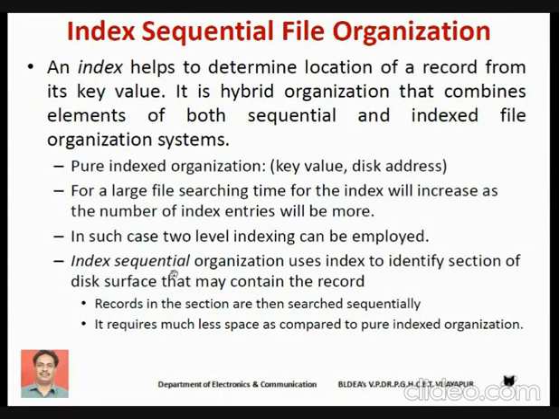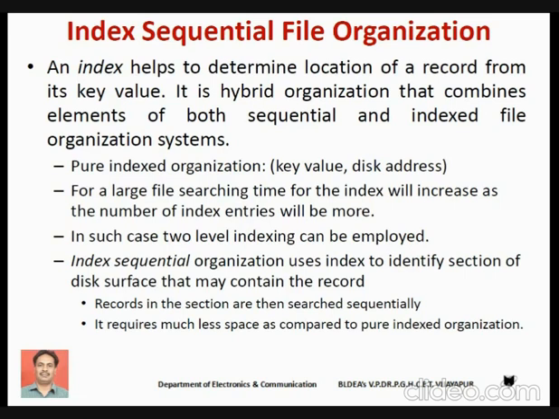I'll explain the concept once again. Here we store the key value and address of a particular record. Once we go to that location, the remaining records can be accessed sequentially. For example, we can store the address of a bunch of 10 records at once: the address of the first record, the address of the 11th record, the address of the 21st record, and so on.